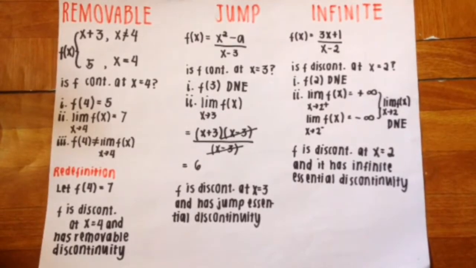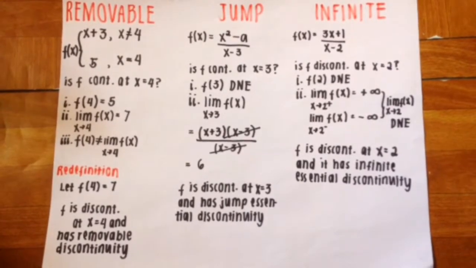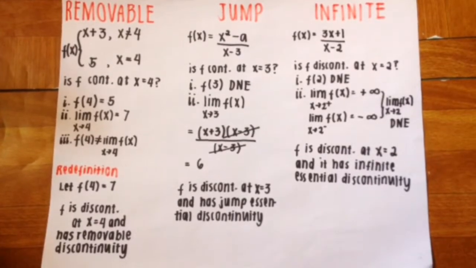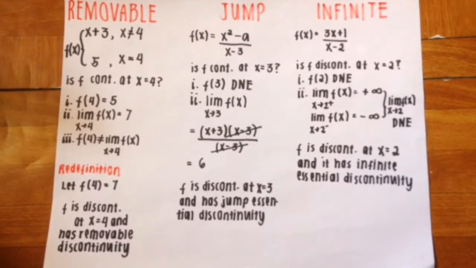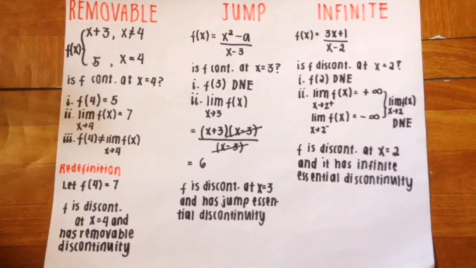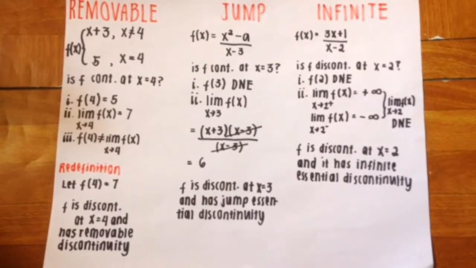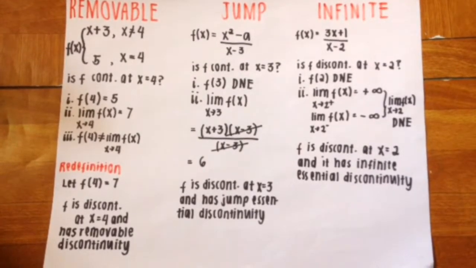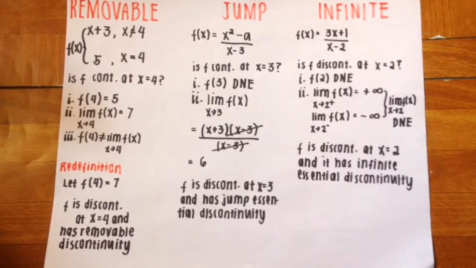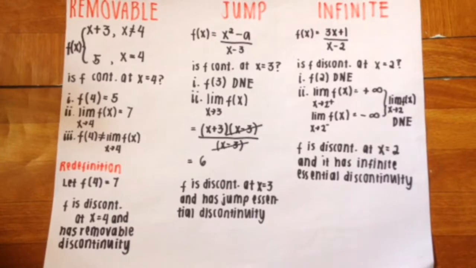The rule is that if it is 0 over 0, the limit may exist, but you need to simplify the given function to find the limit. So we factor x squared minus 9 and we get the binomial x plus 3 times the binomial x minus 3. Then we have the denominator, the binomial x minus 3. We cancel out both x minus 3.